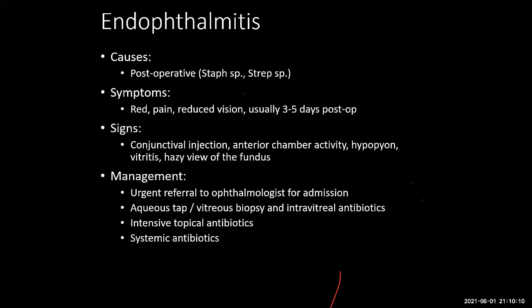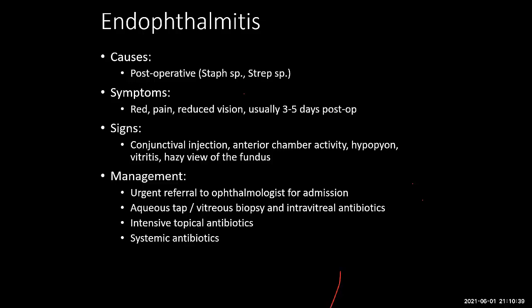This is one of the most serious infections that we come across, and a very disheartening problem in an eye surgeon's life, because you do a very good surgery and on the third or fifth day the patient comes with a severely infected eye, which we don't want to see.